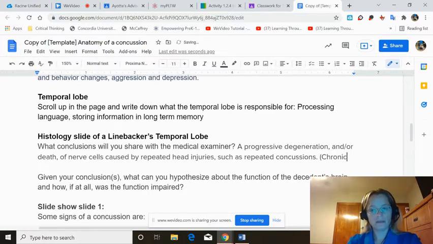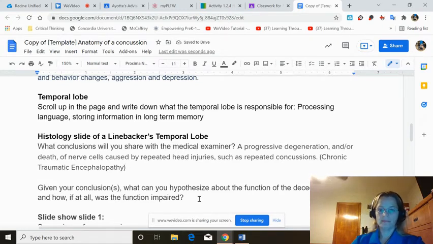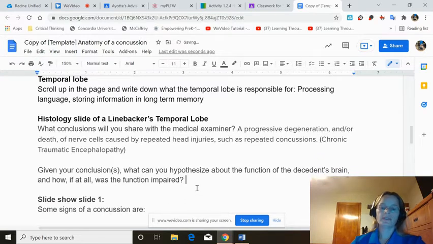So the functions impaired would include, let's see, the temporal lobe is responsible for memory and language. So those are going to be what we say is impaired.